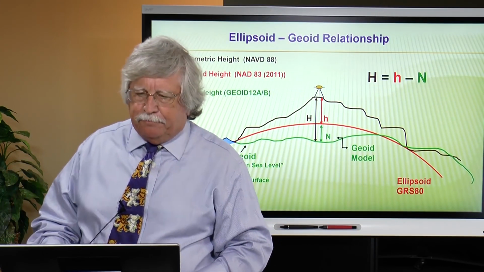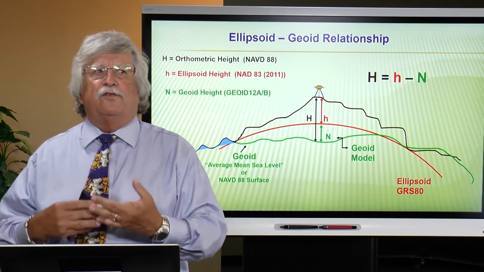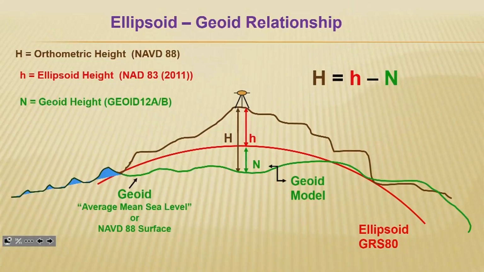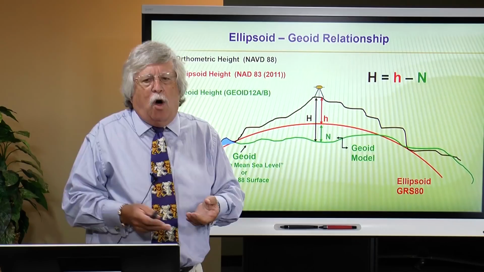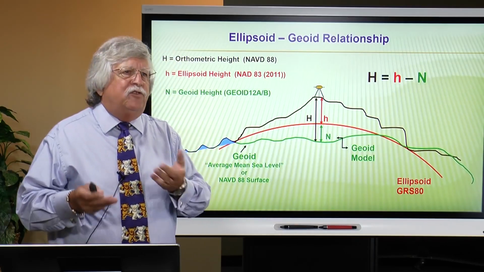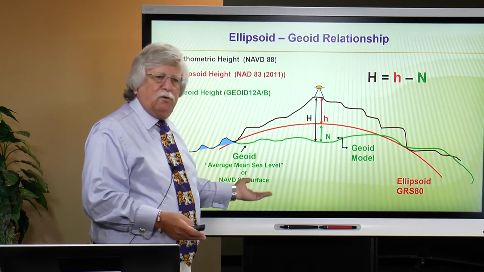And to highlight it, here are the three surfaces given together. We have our topographic surface, the surface that we live on and work on. The reference ellipse, the line in red, is the mathematical model for the size and shape of the Earth. And the geoid, which I've said is average mean sea level, or in the context of these presentations, could also be thought of as the surface of the national vertical datum.